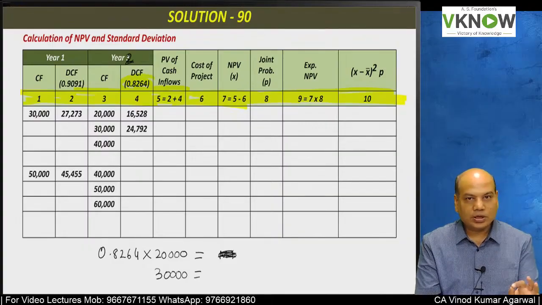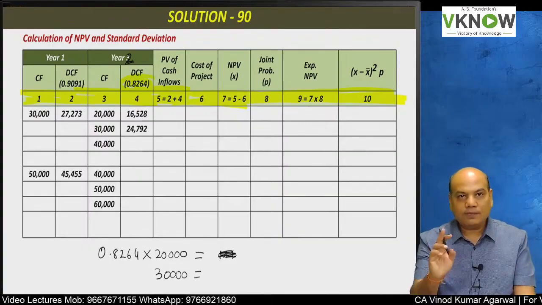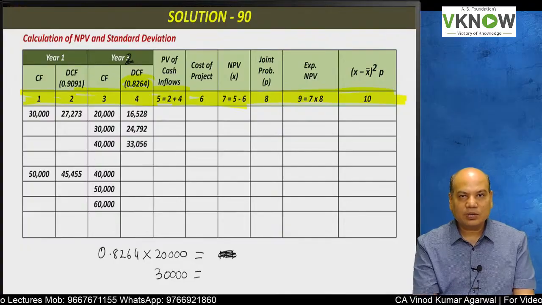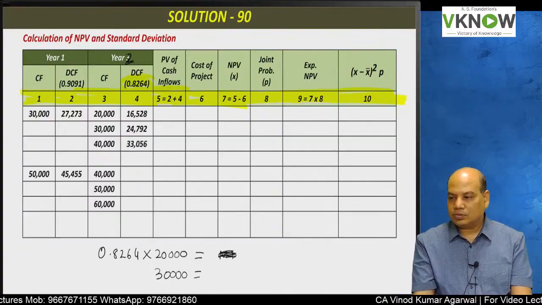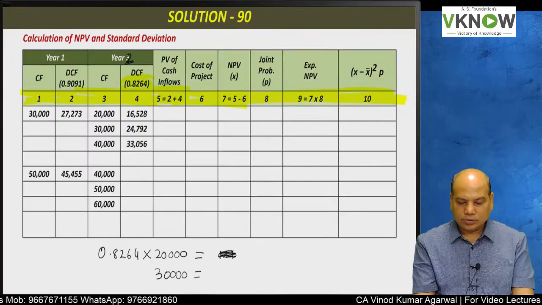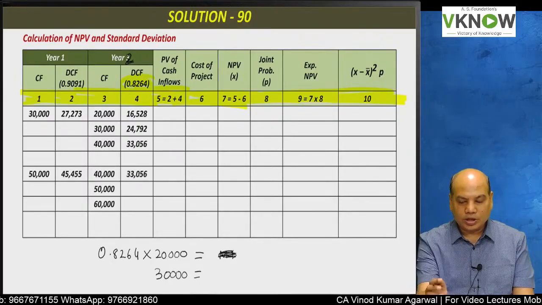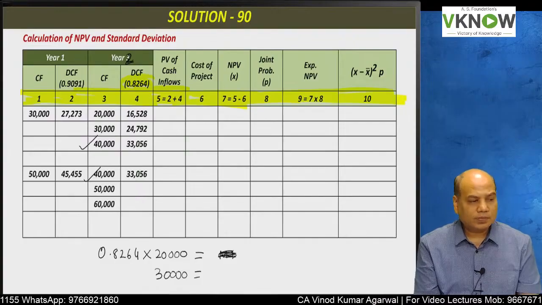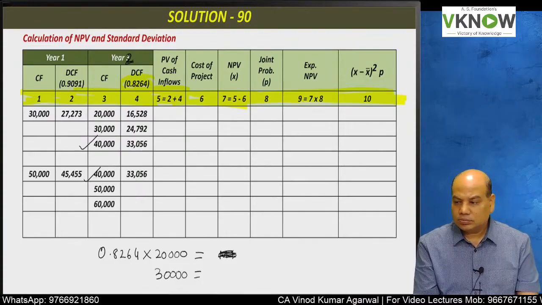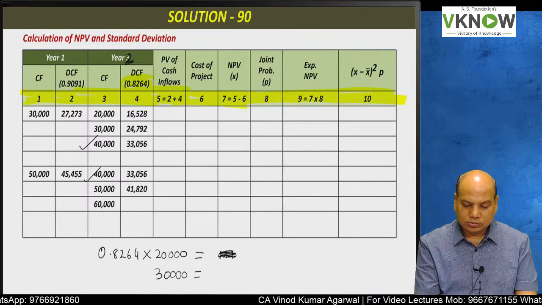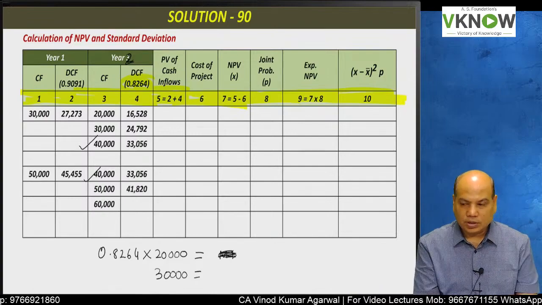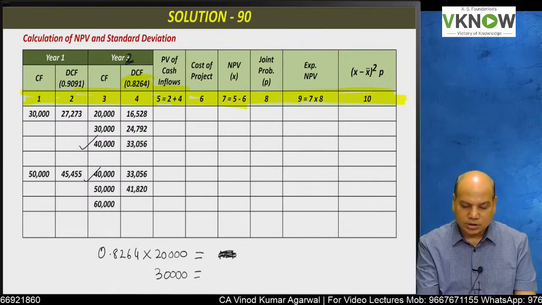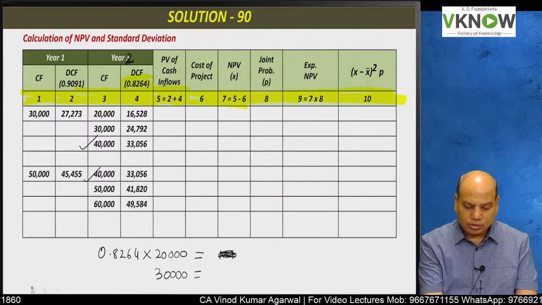That is the shortcut trick on the calculator. Type 40,000, press equal to: 33,056. Now type 50,000, press equal to: 41,320. Continue. 60,000, press equal to: 49,584.